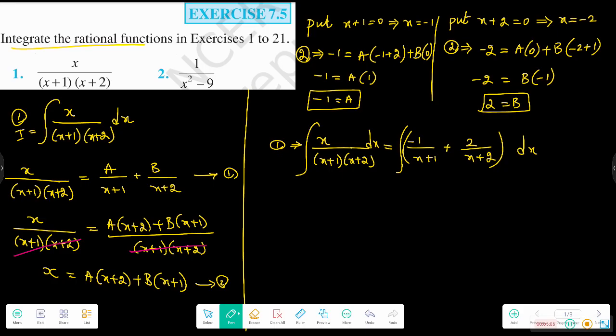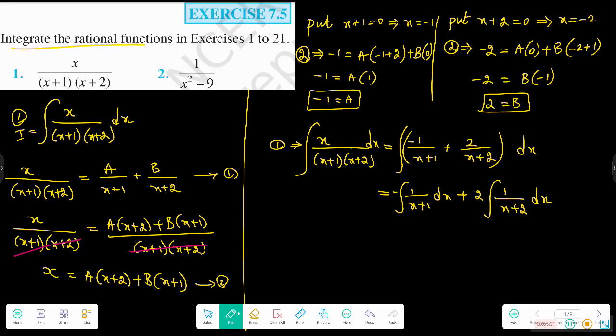Now apply the integral separately: the integral of -1 divided by (x + 1) dx, minus taken outside, like that 2 also you take outside, 1 divided by (x + 2) dx, which looks like what format? Can you tell me, anyone? Children, what formula can you use here?